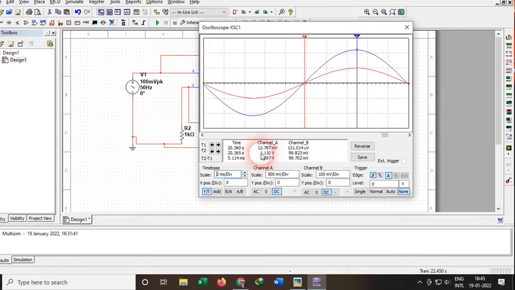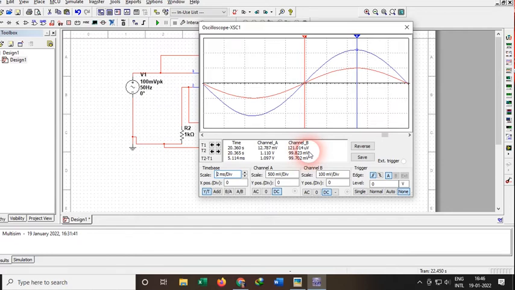The highest point is 1.110 volt. So the highest position of this voltage peak is 1.11 volt. This is our output. We are getting around 1.11 volt of output when we have given around 99.823 millivolt of input signal.